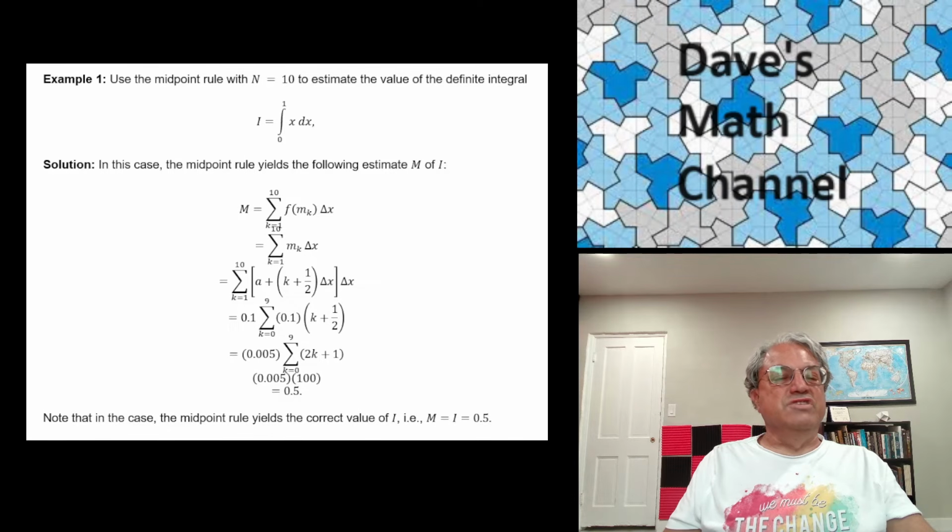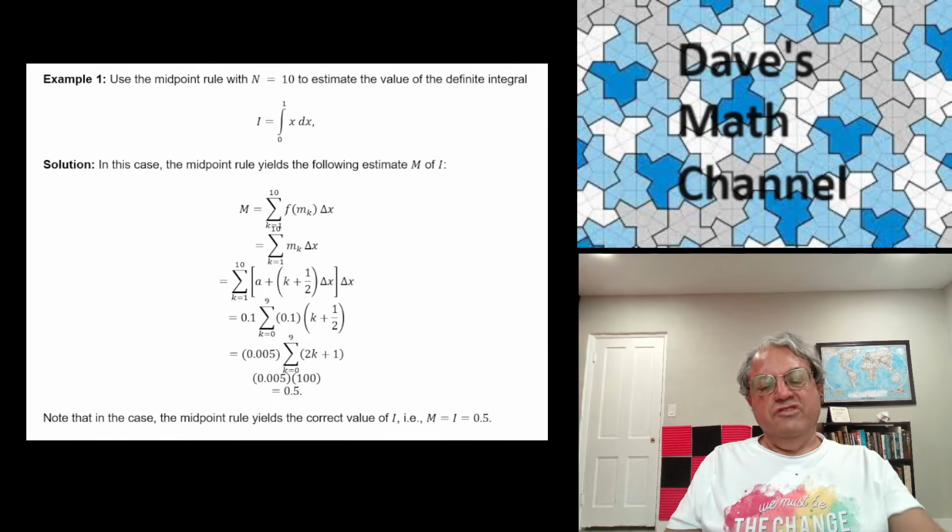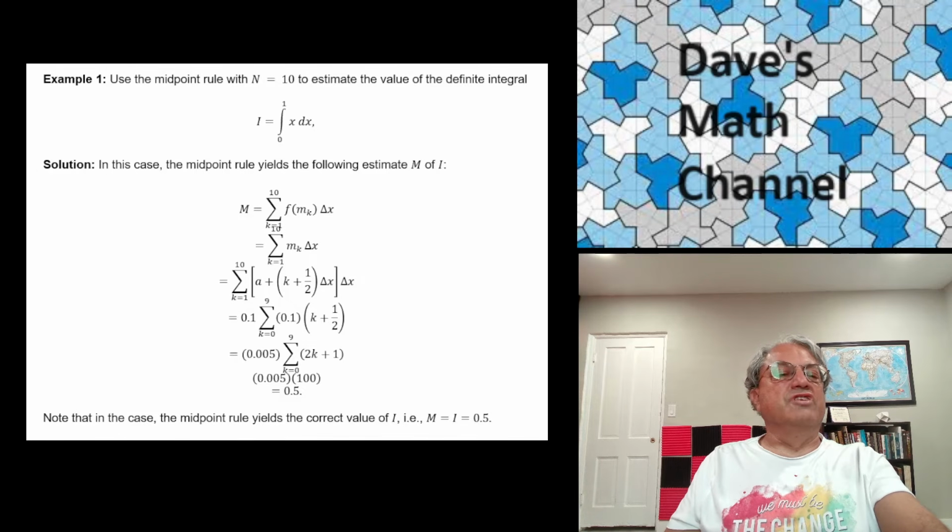And that's nice because look, the midpoint rule gave us the right answer in this case. Which isn't really that much of a surprise if you think about it. I mean, this function is so simple, f of x equals x. It's a linear function, so it's not a surprise that if you take the midpoints, you're going to get the right answer, because the midpoints of a line give you the average value of the function along that range.